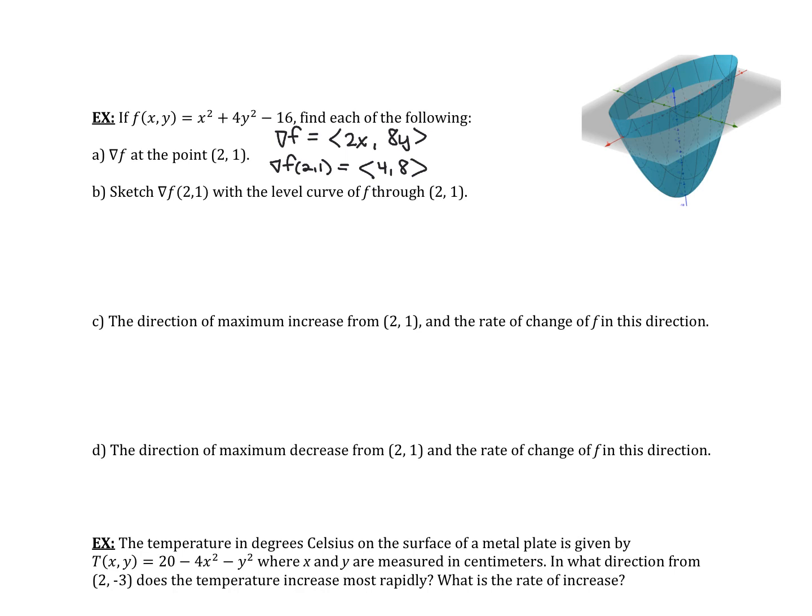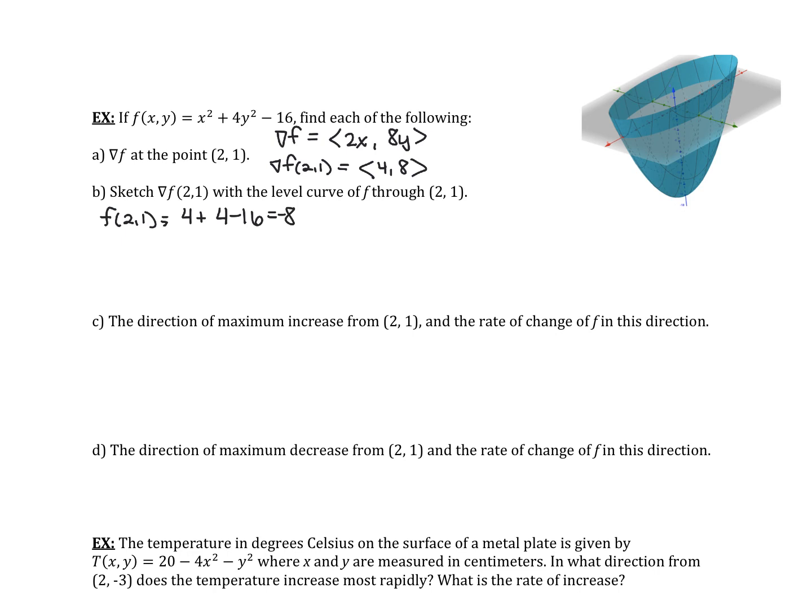Now, if I want to sketch this gradient at (2, 1) with the level curve of f through the point (2, 1), let's think about what that looks like. Let's go back to the function real quick, and if I look at the function evaluated at the point (2, 1), plugging in 2, we get 4 plus 4 minus 16, which gives us a value of negative 8.